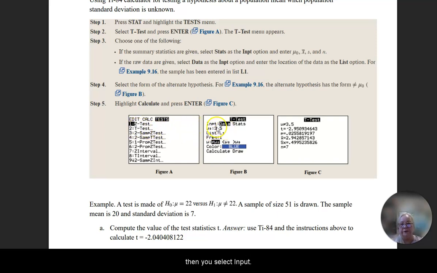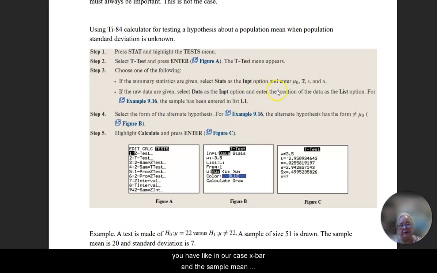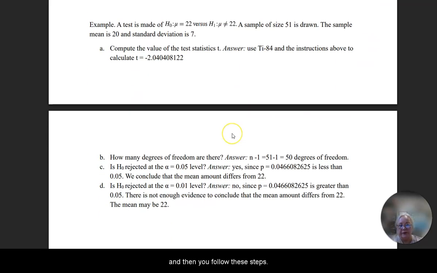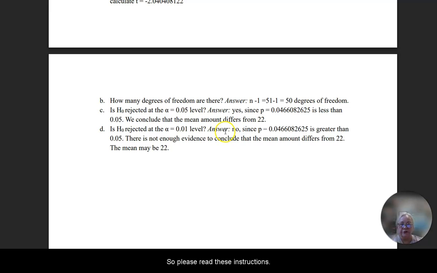Then you select input, either data if you have raw data, or stats, which you use if you have, like in our case, x bar and the sample mean. Then you follow these steps. So please read these instructions.